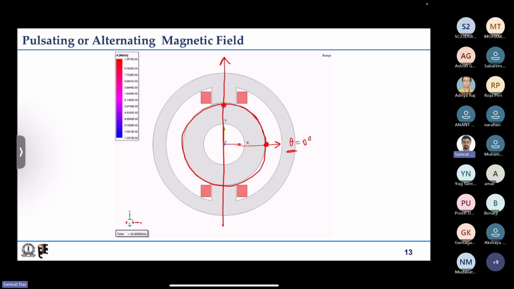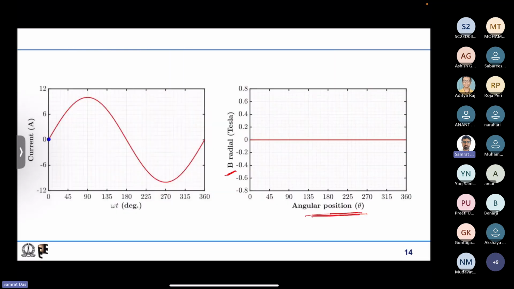We are traversing this red air gap circle and asking what the flux density is at different points of this red circle. That is what is plotted in the right-hand picture: the radial component of flux density versus the angular position. So this is the x axis, 90 degrees along the y axis, then 180 degrees the negative x axis, then 270 degrees the minus y axis. This is again coming back to 0 degrees, the positive x axis.